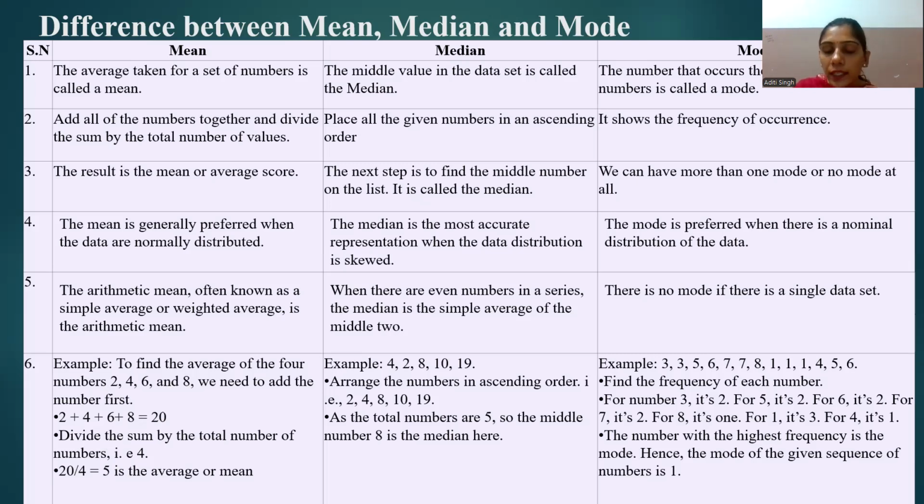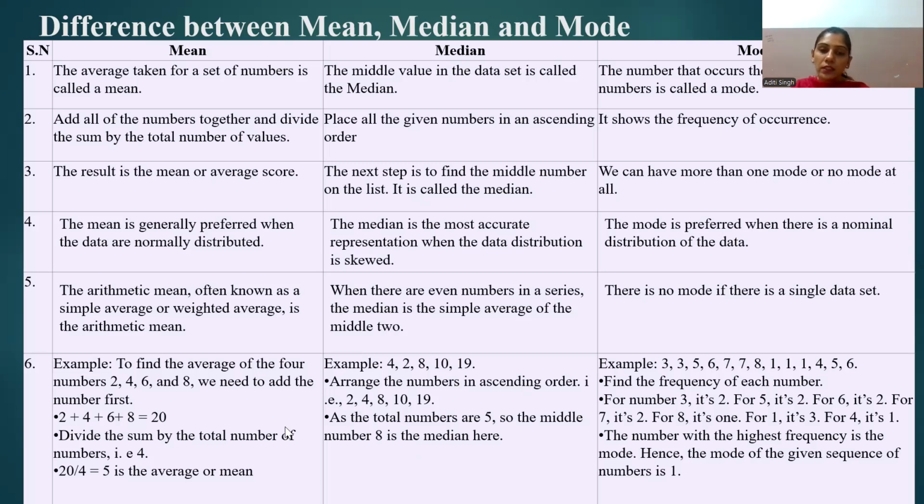Now median, as median is the mid value of a series. There is a series given: 4, 2, 8, 10, and 19. The first step for calculating median is that first of all we have to arrange the data in ascending order. So let's arrange this data in ascending order: 2, 4, 8, 10, and 19. Okay.